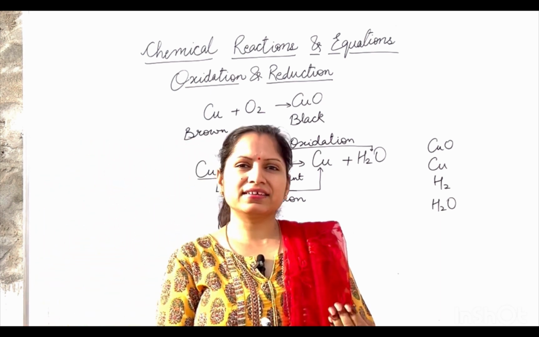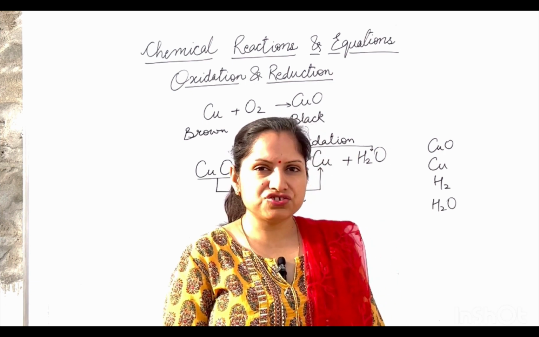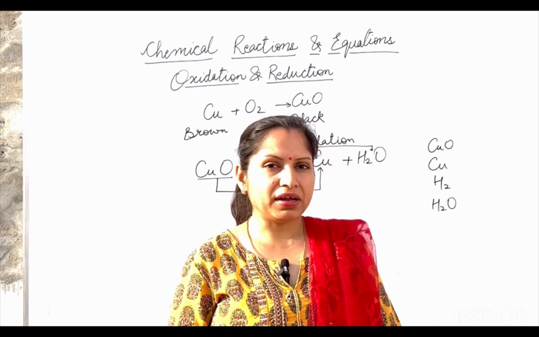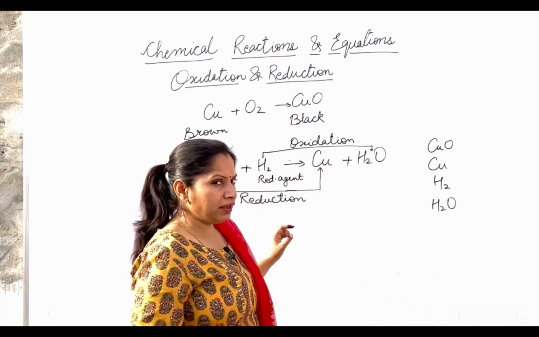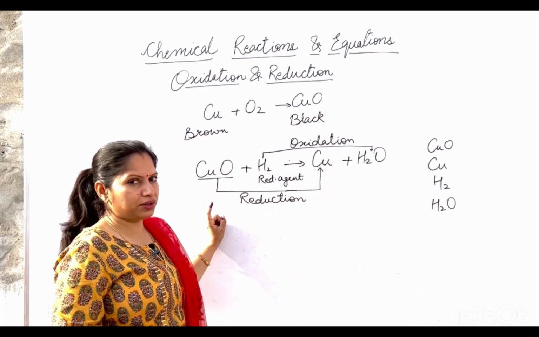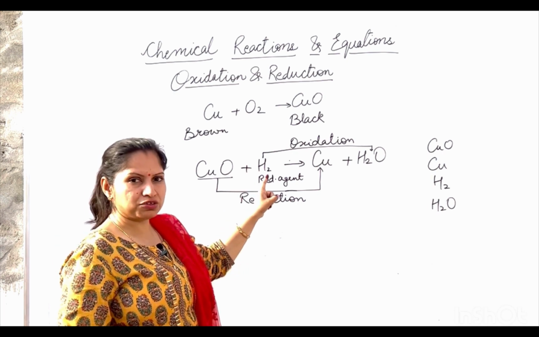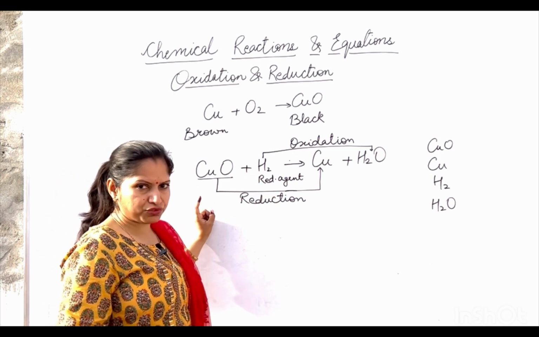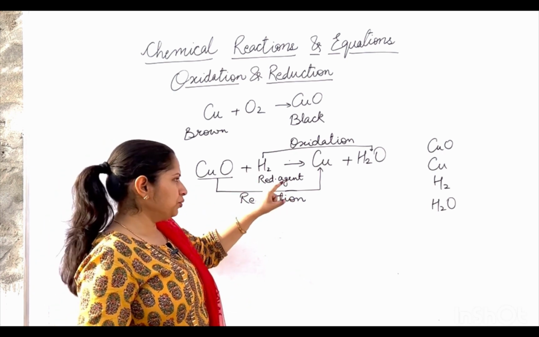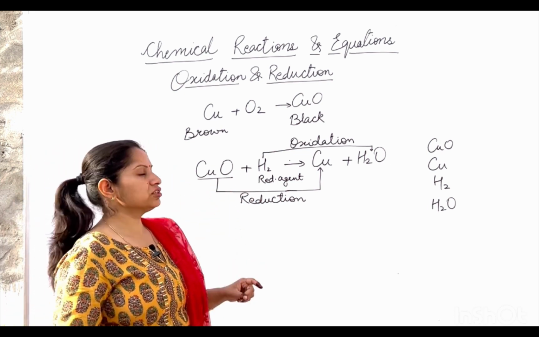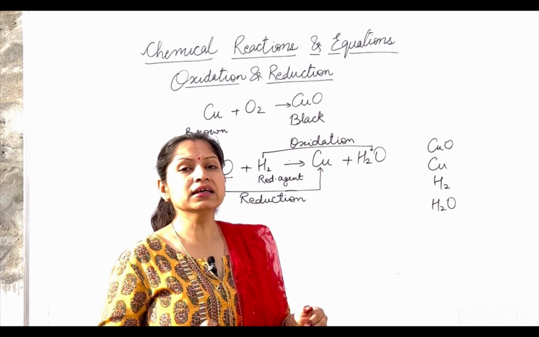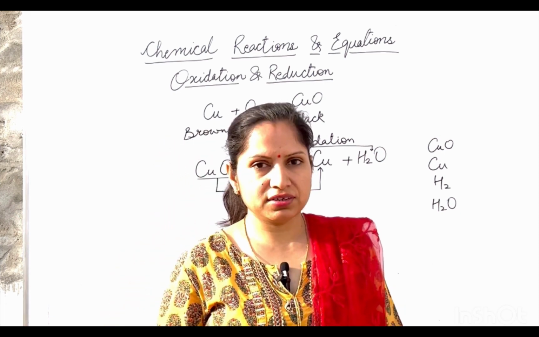Just like a travel agent books tickets for you but doesn't travel by itself. So the agent which is helping reduction of copper oxide is hydrogen, and so it is known as a reducing agent.